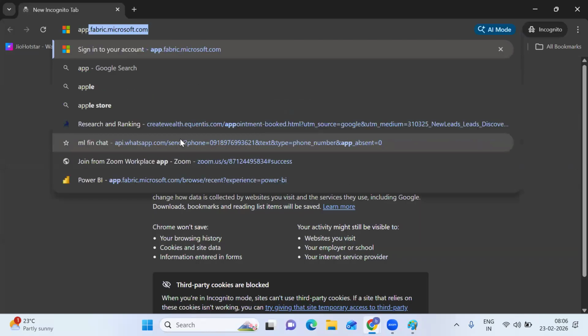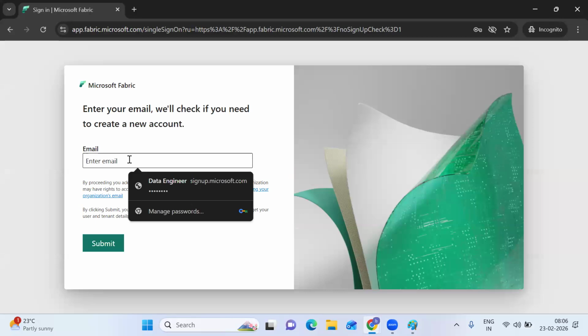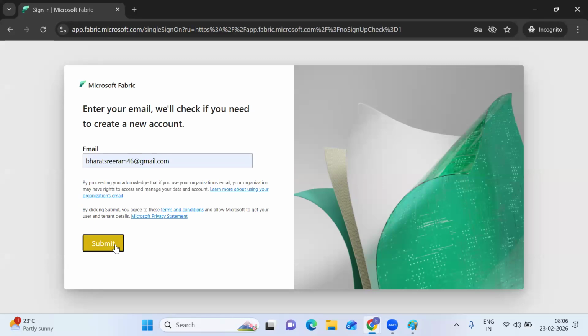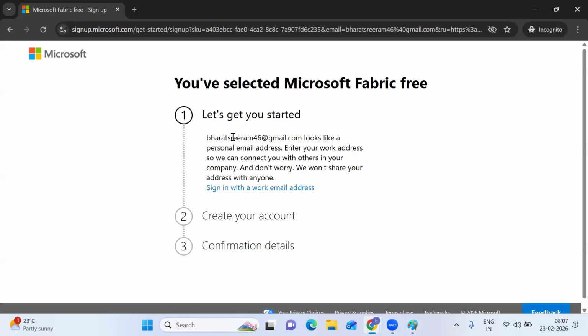Then go to your Fabric, app.fabric.microsoft.com. Go with this. Suppose I am giving my personal email ID. It won't accept. Oh, does it accept? Let me check. Work email, man.